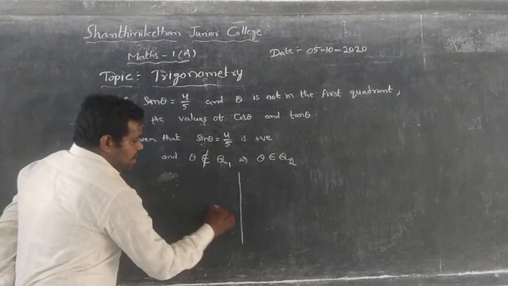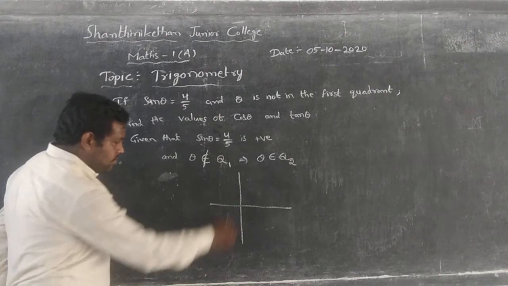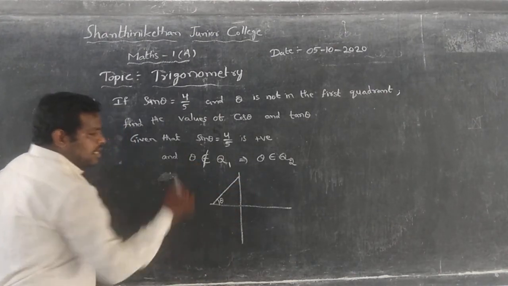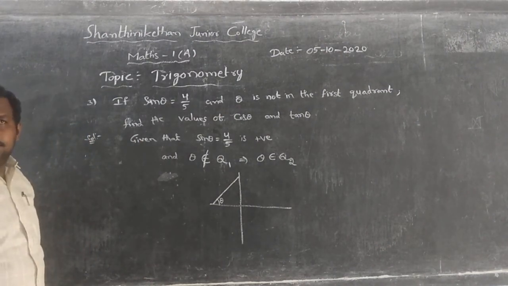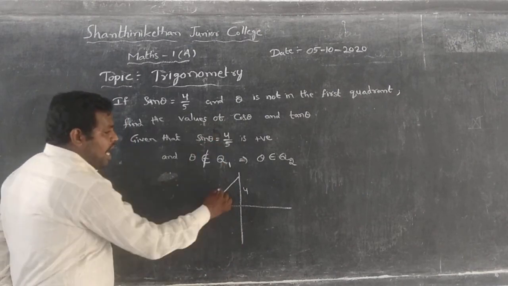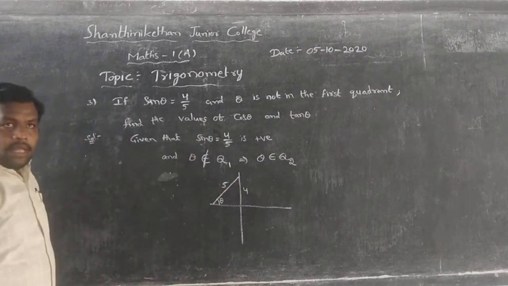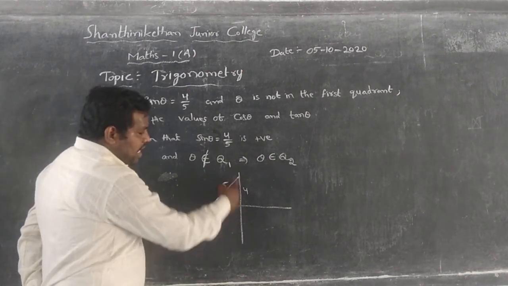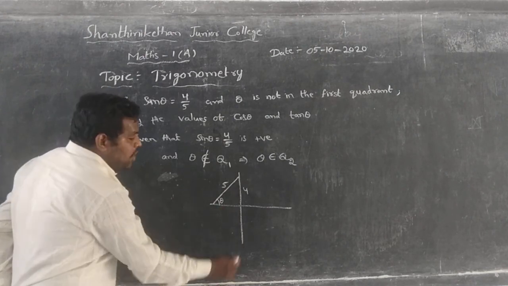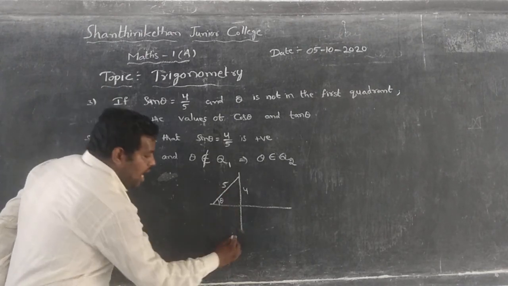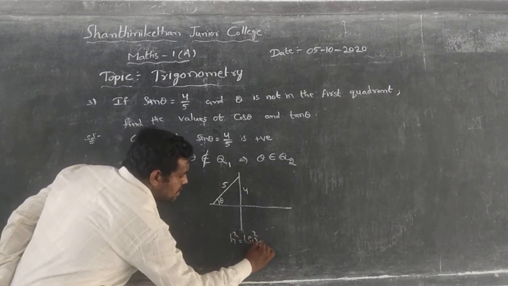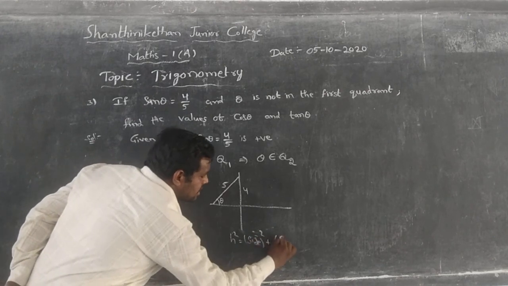So we can draw a right angle triangle in the second quadrant. This is angle theta. Sin theta means opposite by hypotenuse. Opposite value 4, hypotenuse 5. This triangle is a right angle triangle. We can find the adjacent side value by using Pythagoras theorem. Hypotenuse square is equal to side square plus side square.